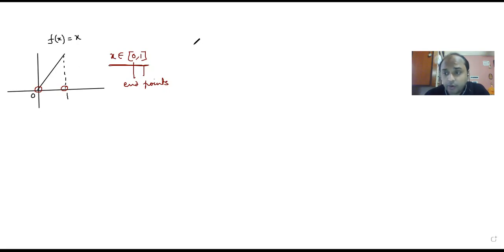They do not hold for any other point except interior points. So a student of mathematics may be asked whether the interior extremum theorem is satisfied for all the points lying in the interval. The answer is no, it's not being satisfied for the endpoints of the interval. So this holds only for the interior points.